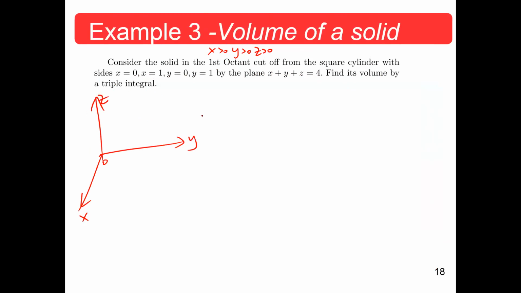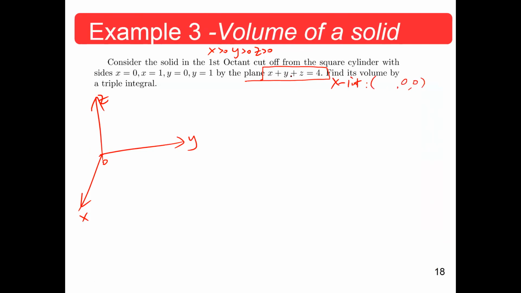If you can visualize it, that'd be great. So the plane is x plus y plus z equals 4. For this plane, it's going to be a straight plane, right? Straight plane, because it's linear. What's going to be the x-intercept? Would it be 1? No, that would just be when y and z both equal 0, right?